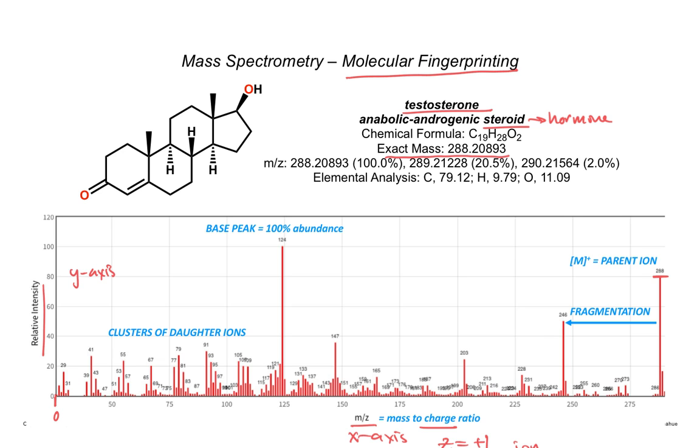So the mass spectrum is telling you the molecular weight of all of the elements that compose the molecular formula. So what we want to figure out is, given the number 288, can we backtrack and figure out the molecular formula?